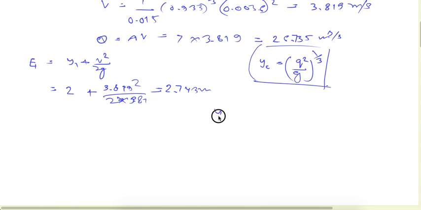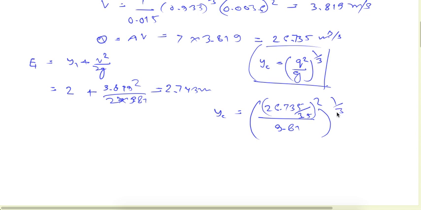So yc we can find out as 26.735 divided by channel width 3.5 meter, squared, divided by 9.81, to the power 1 by 3. So yc is coming out to be 1.812.